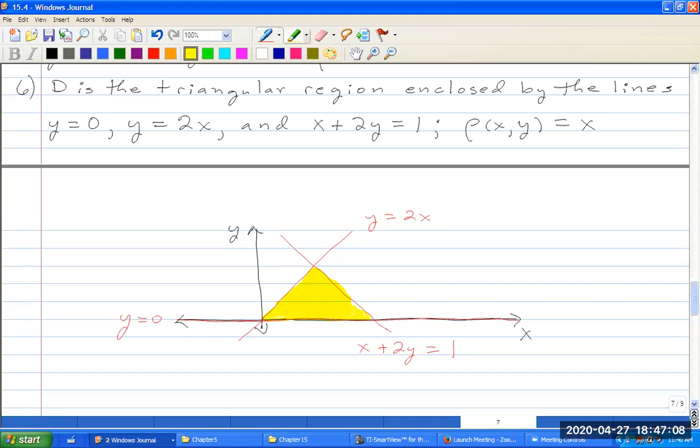Okay, good enough. This is my region D. So obviously this is 0 here, and when y is 0, x is 1. So this is 1 here. Let's figure out this point.